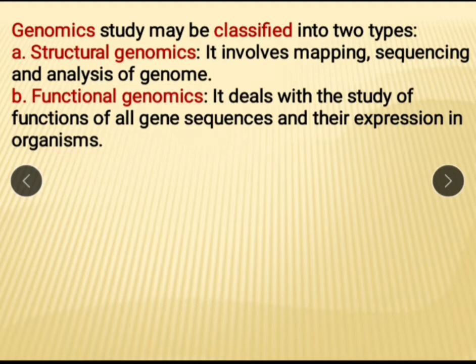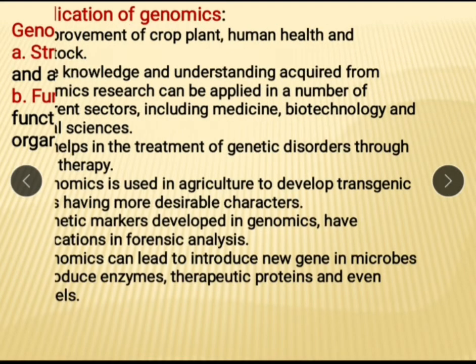For example, the insulin secreting gene. Its function is to stimulate secretion of insulin, and expression means insulin is secreted, which happens when the gene is switched on. So genomics is classified into two branches, structural and functional genomics.